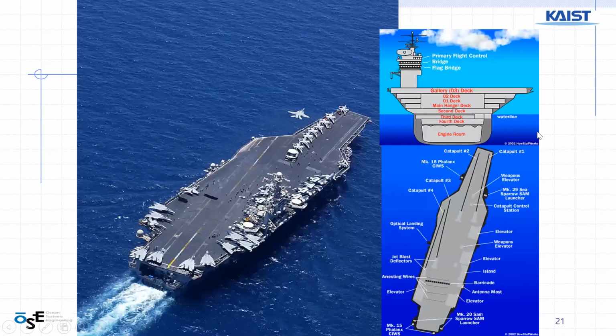And this is a well-known aircraft carrier. You see in the right upper corner there is a gallery deck, number 2 deck, number 1 deck, and the main hangar deck. Hangar deck means there are many jet airplanes located inside the storage.